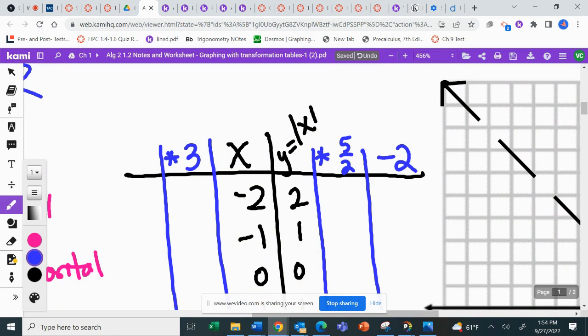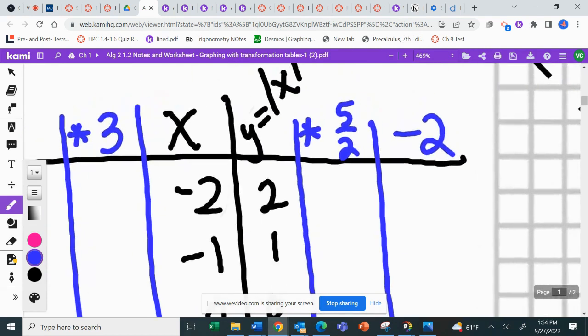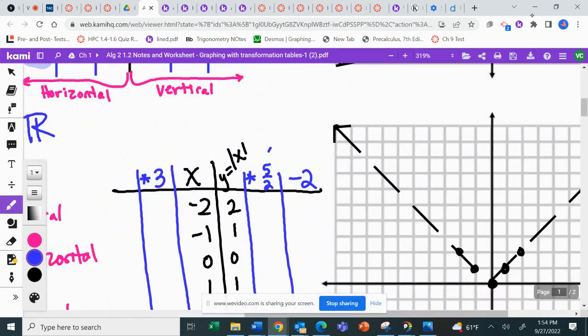And now we do very basic math. This one's a little bit harder, but let me think about 5/2 being 2.5. Maybe you can think about that being money. I'm taking $2.50 and I'm going to multiply it by 2.